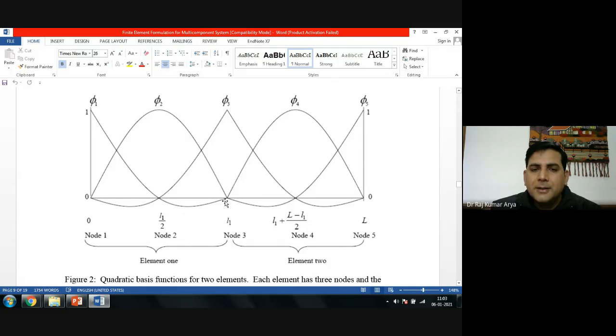If it wants to extend into element 2, it should look similar to this, going like that and like that. So it's not going that way either. So phi 1 is not extending to element 2, and phi 2 is also not extending to element 2. Only phi 3 is getting extended into element number 2. You can see from the shape also, right? It just looks like a continuous function.